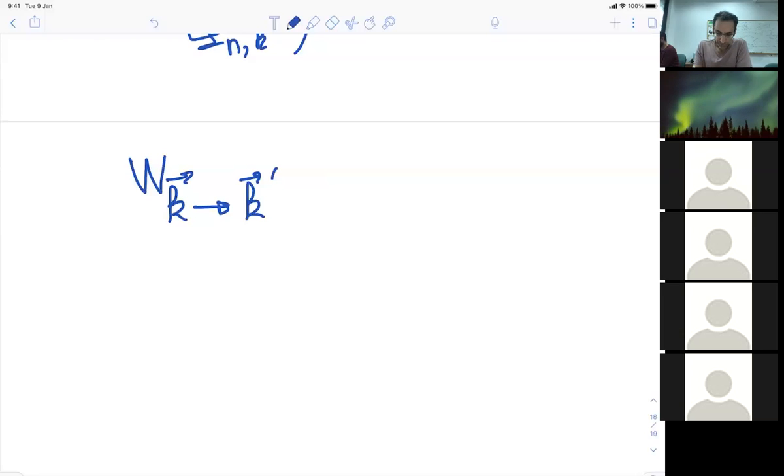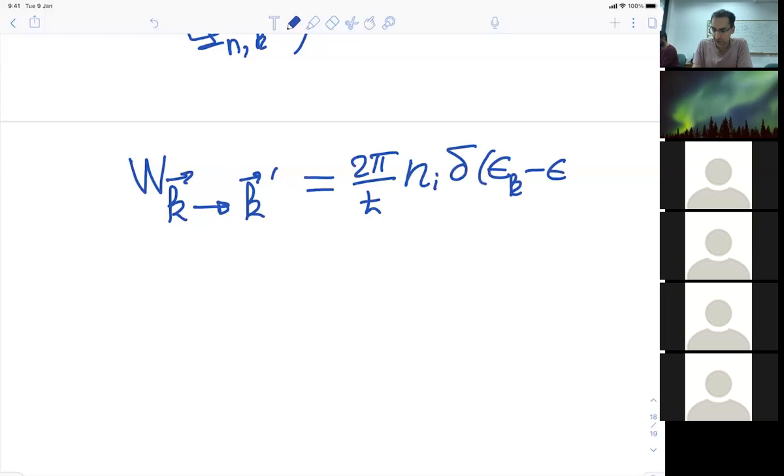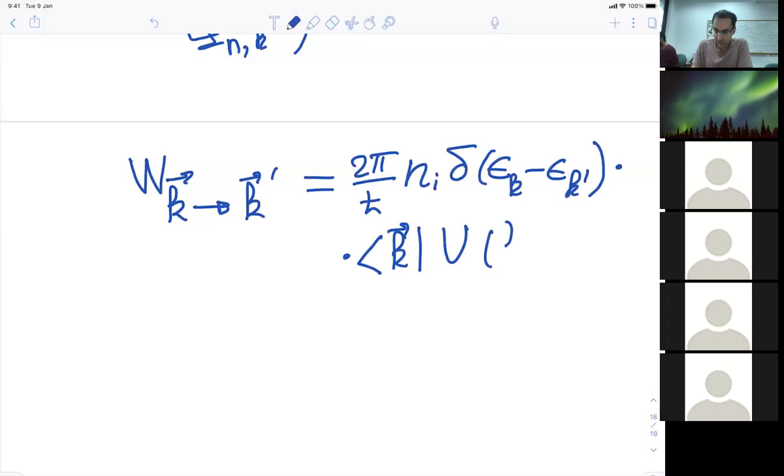Using the Fermi golden rule approximation, this is just 2 pi over h bar, times the number of impurities, times the delta function of epsilon k minus epsilon k prime, times the matrix element between state k, potential, and state k prime, all squared.